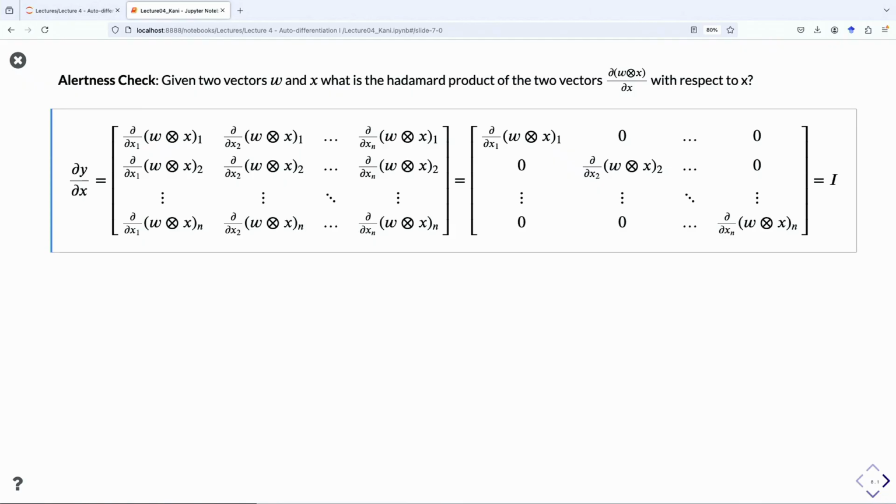So as Patrick pointed out, when we have w1 times x1 and we take the derivative with respect to x1, this becomes simply w1, right?